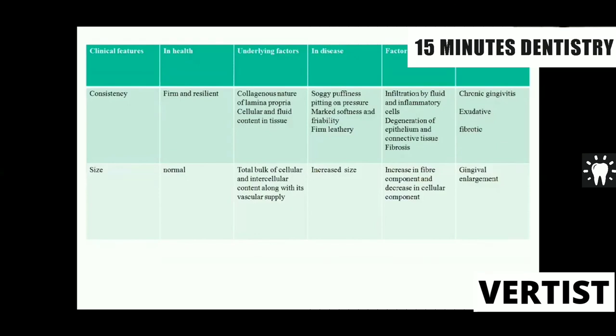Now, when there is a fibrosis, consistency becomes fibrotic. Now, when there is a degeneration of the epithelium and an infiltration by fluid and inflammatory cells, the consistency becomes exudative. Soggy puffiness, pitting on pressure, and marked softness and pliability are seen, and a firm and leathery consistency is present in the fibrotic type.